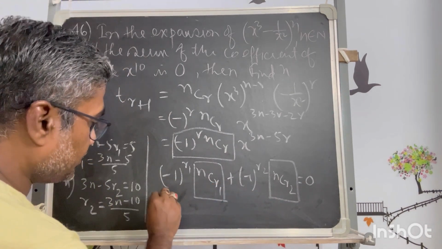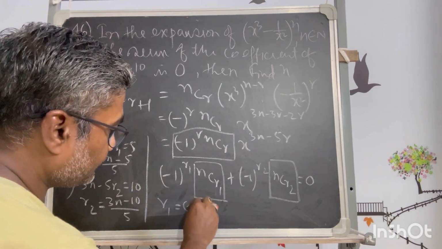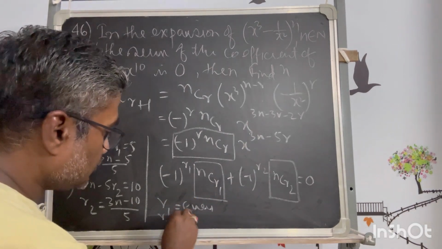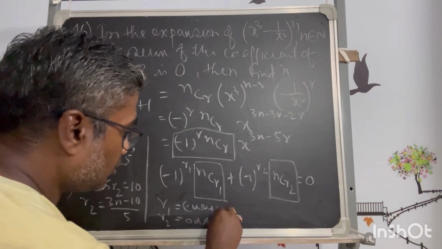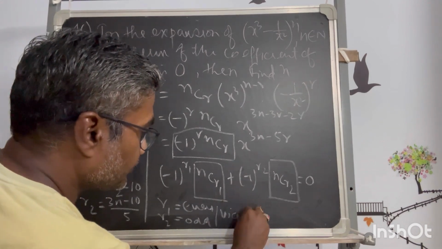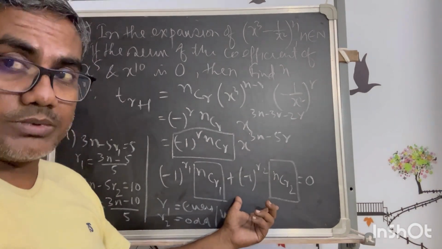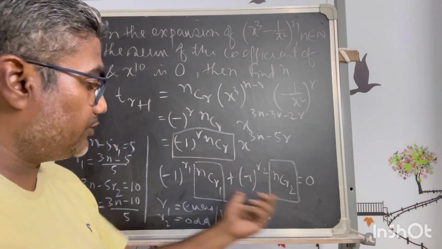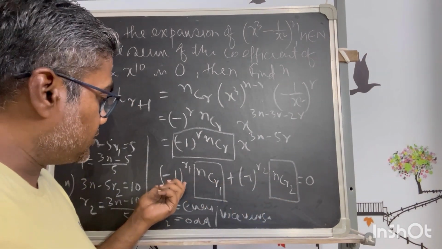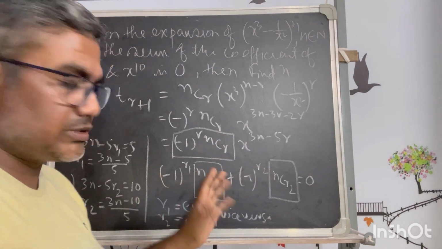So if I say that r1 is even and r2 is odd, or vice versa, then only this equation is possible, where this will only give you the value and the value must be the same, and this will give you the sign, and the sign must be opposite.